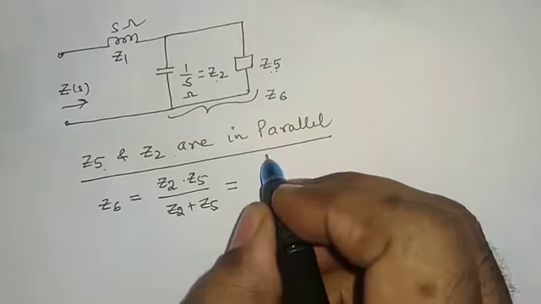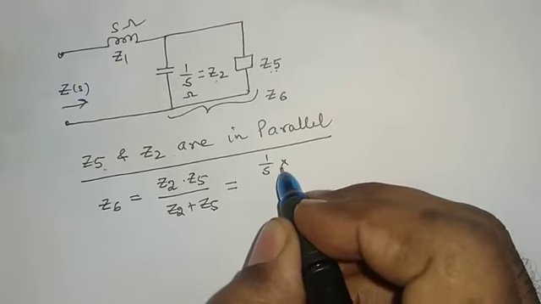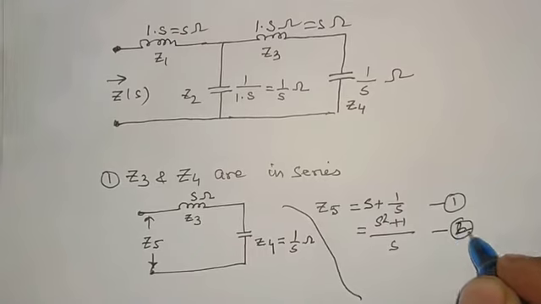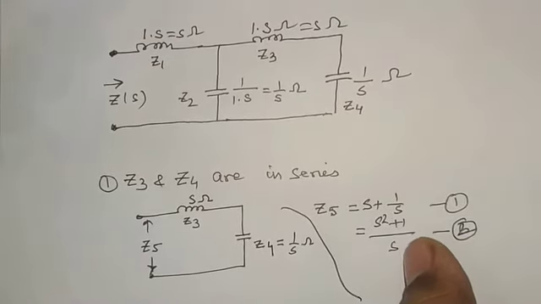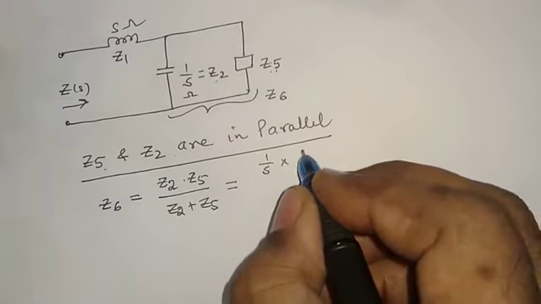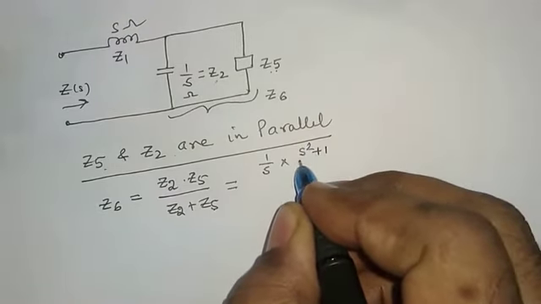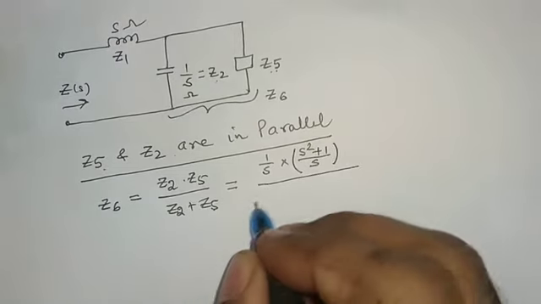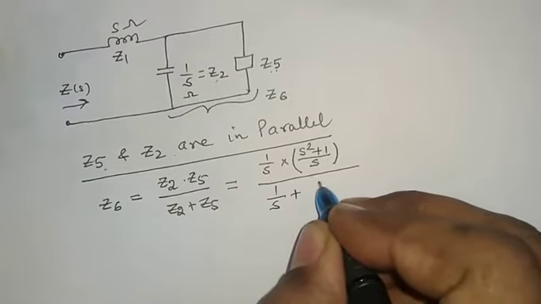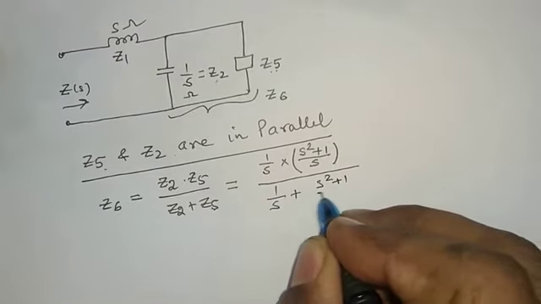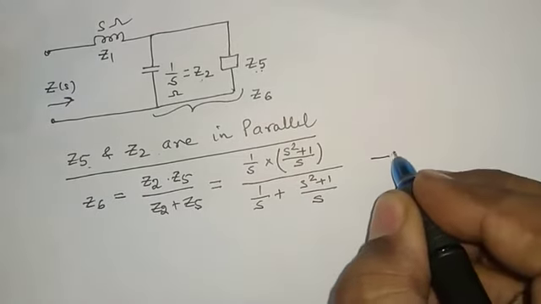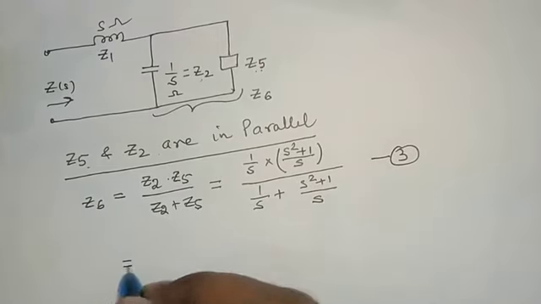Therefore, Z2 is equal to 1 upon S. Z5 I have calculated earlier, and this is S square plus 1 divided by S. Then Z2, 1 upon S, plus Z5, S square plus 1 divided by S. Then what will be the value?